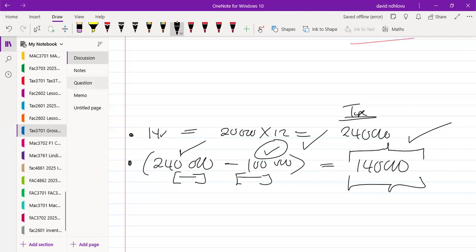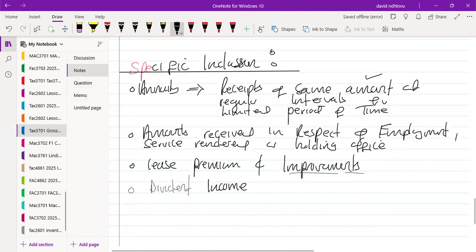Okay. All right. Then you have government grants. A government can give you a grant. If a government gives you a grant amount, it is also included as part of the special inclusions. So whenever you see a government grant, you must include it.